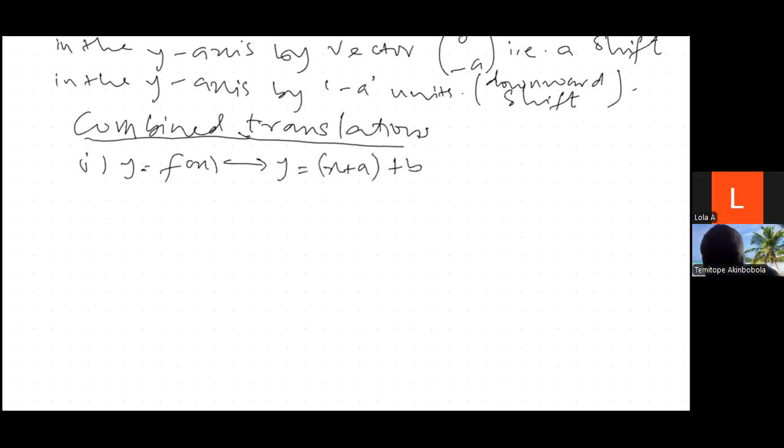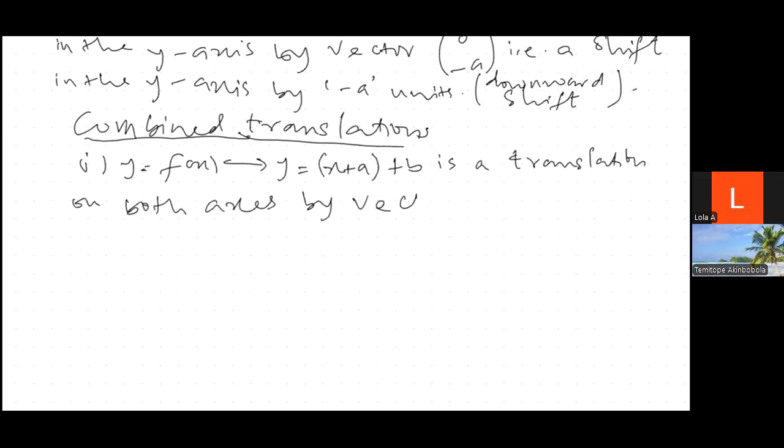Can you see that now? f of x plus a plus b. So this is a translation on both axes by vector minus a, b.